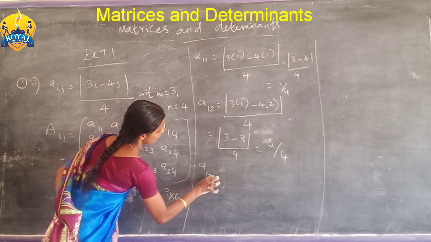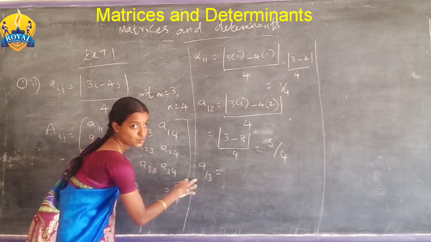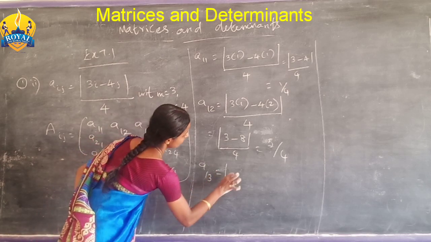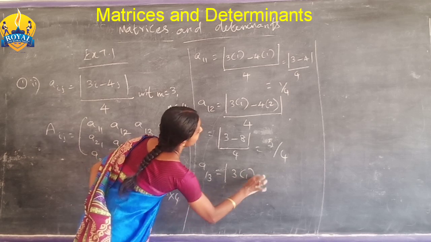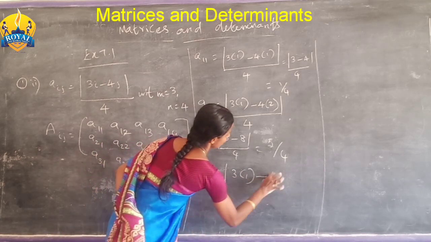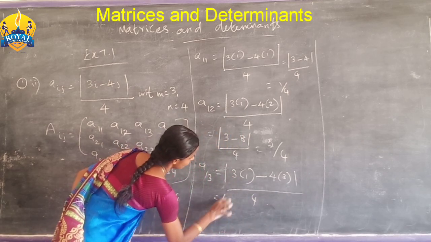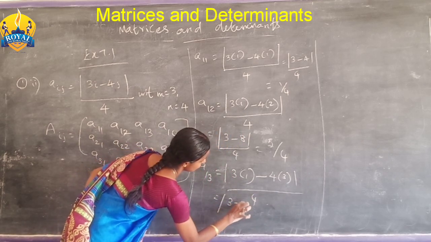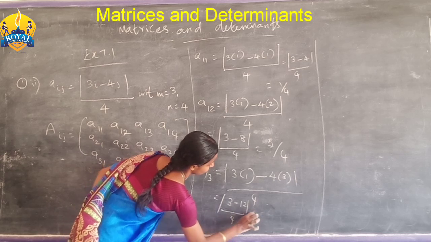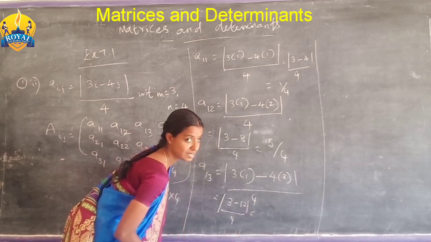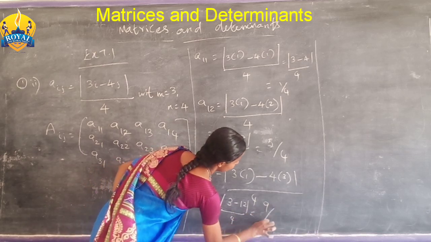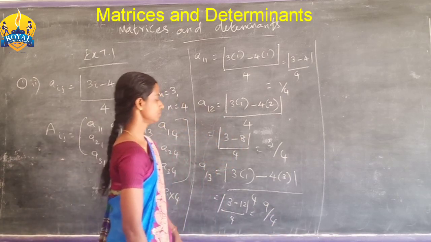Now next, A13. My i is 1, j is 3. Modulus of 3 into 1 minus 4 into 3 by 4. So modulus of 3 minus 12 by 4. 3 minus 12 is minus 9. Modulus of minus 9 by 4.